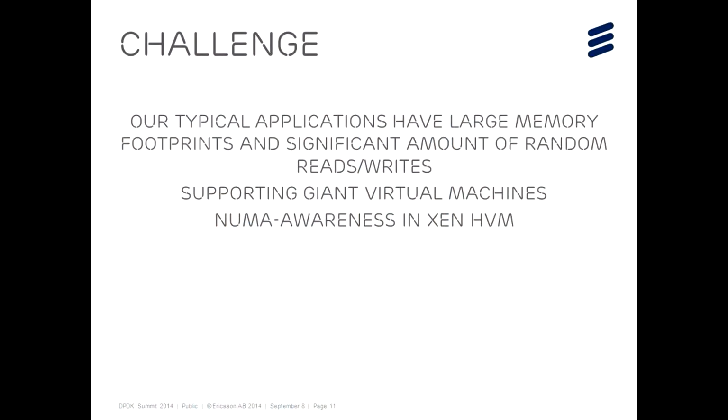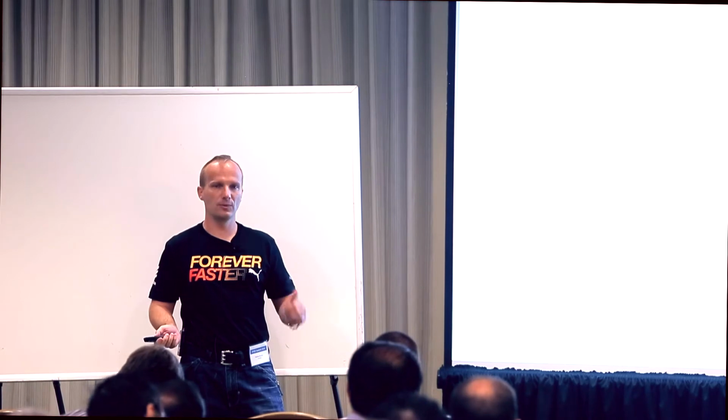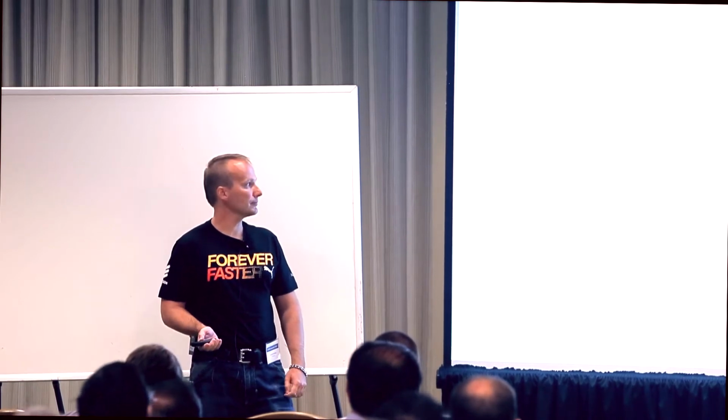And now, the typical applications, most of them are using really big footprint of the memory, and they really do random accesses, reads and writes there. And just to keep everything working as it was before, we need to support giant virtual machines. So we're talking about even 4-socket systems with one single virtual machine.